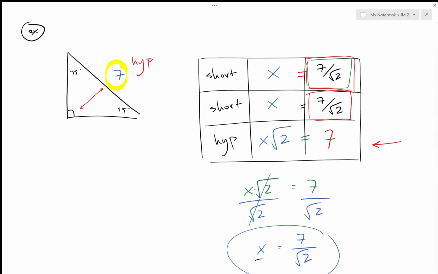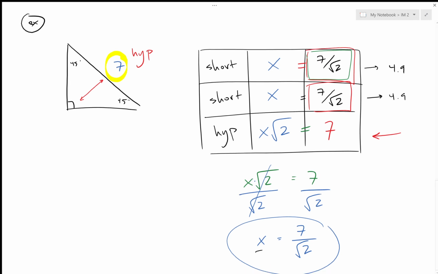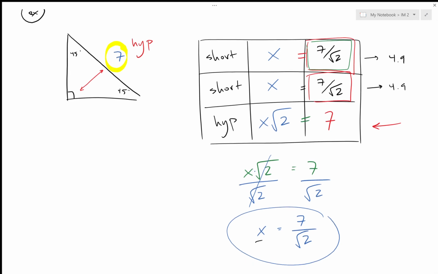And again, if you wanted to make sense of it, you can find these out as a decimal. 7 divided by square root 2 is about 4.9, and those two sides should be smaller than the hypotenuse, which is 7, so it looks like it's good. And if you really wanted to, you can check these by using Pythagorean's theorem, a squared plus b squared equals c squared. If you want to check all these out, where this is a and this is b and the hypotenuse is c.